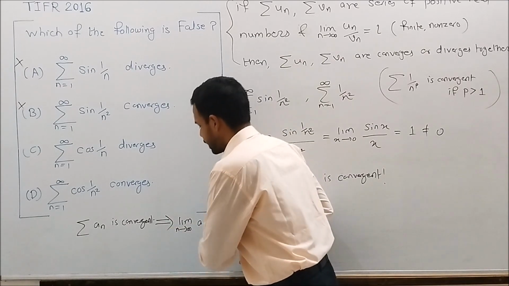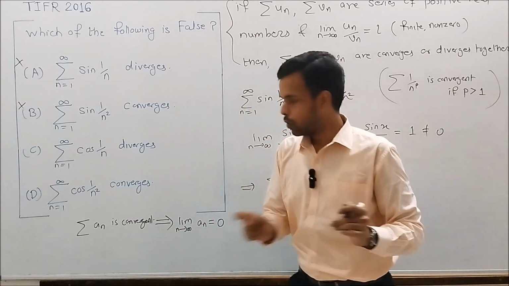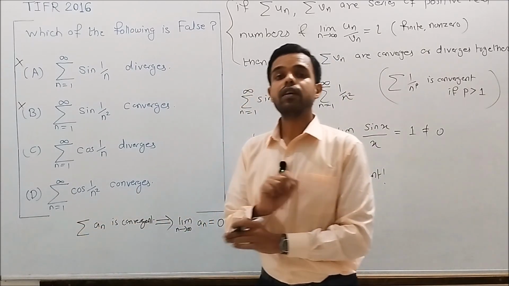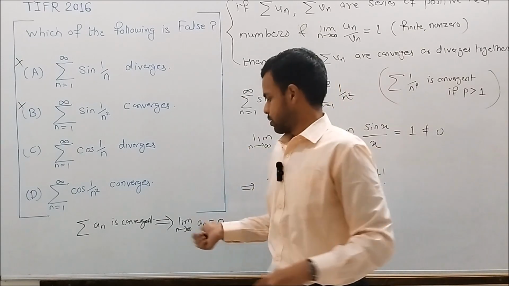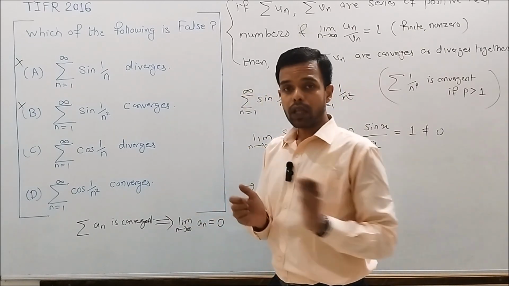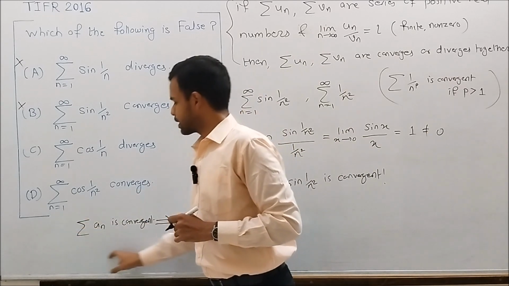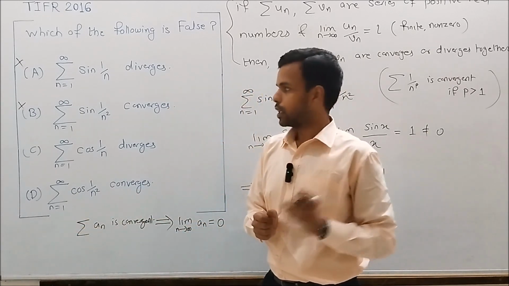If this limit is not equal to 0, then the series cannot be convergent.